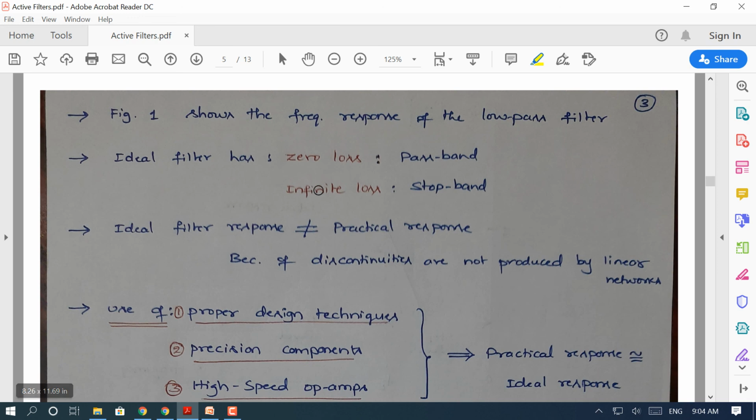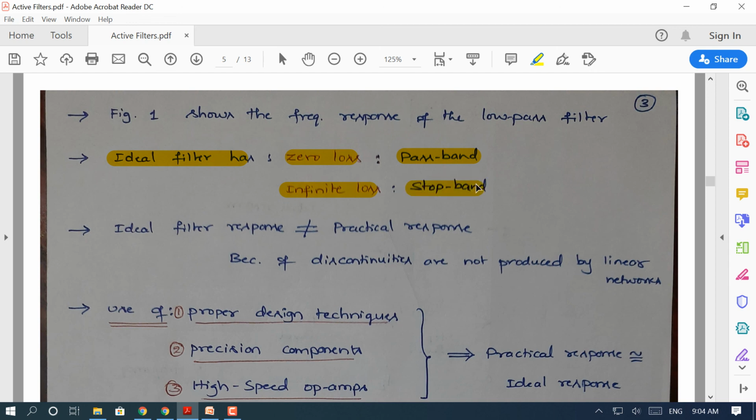Before we go to the other filter, let us see the points covered under this topic. Figure 1, as just shown, represents the frequency response of the low pass filter. The ideal filter has 0 loss in the pass band, there is no loss as such, and the stop band has infinite loss, that's what we have seen in the ideal filter.